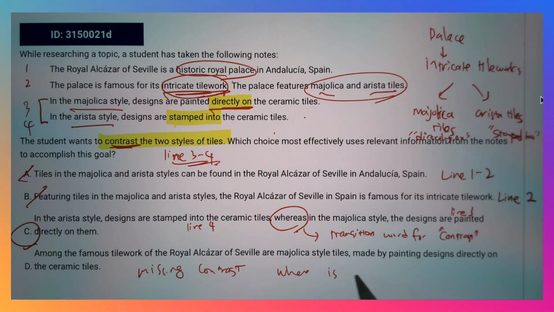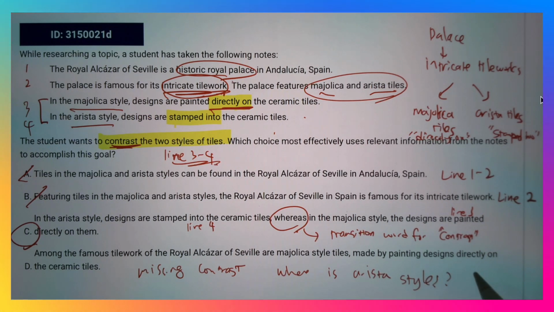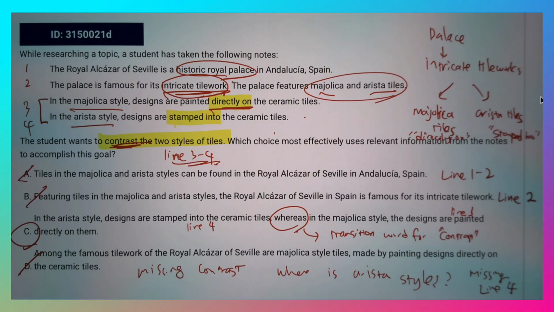Where is arista style? In other words, it's missing line 4. Just because it mentioned line 3 doesn't mean it answered the question to contrast the two styles of tiles. So the correct answer should be C.